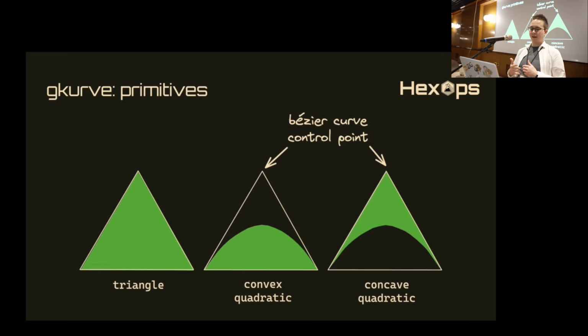So the idea here is, GPUs understand triangles. That's the primitive that they're working with in general, and it's really easy to fill in a triangle. And the thought is, if we could draw a quadratic Bezier with one control point, that's quite nice because that aligns perfectly with the number of points on a triangle.